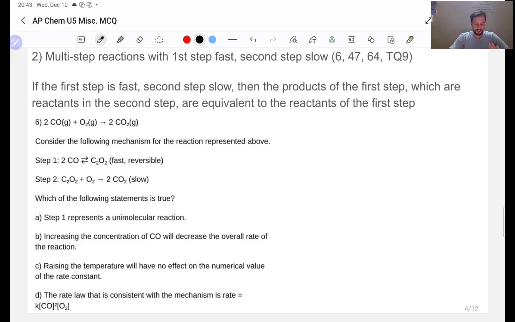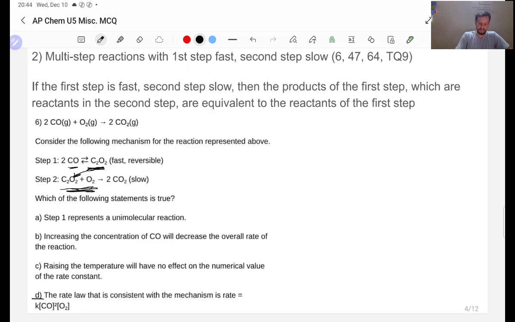Let me explain. So if we look at these, for example, letter D says, is this the rate law? Well, I'm looking at the slow equation, and I don't see CO here in the slow equation. And the slow step is the rate determining step. So how is that possible? Well, again, you can see that the products of this first step are here in the reactants of the second step.